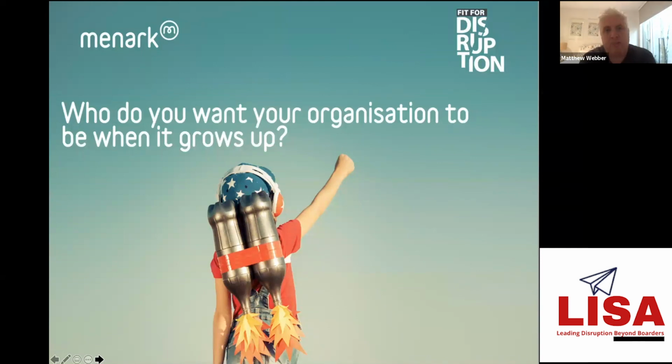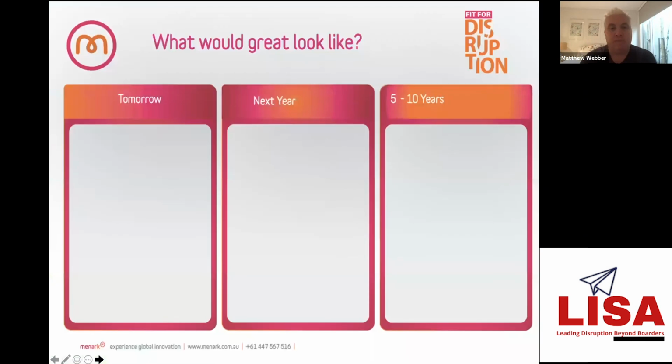Start with the question: who do you want your organization to be when it grows up? That should be a really strong starting point. I know you would have done a lot of this type of work in your business model canvases, but think about what great would look like tomorrow. As you're in your MVP stage, visualize it.